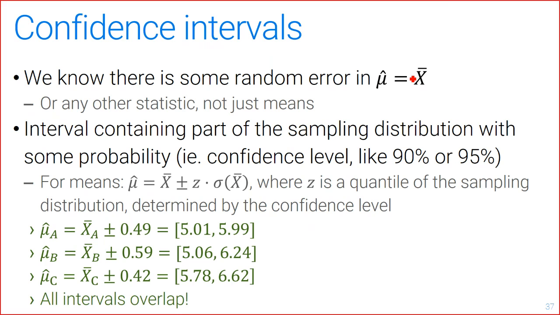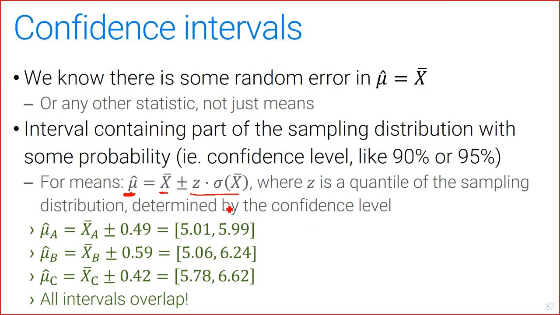And the point is, a confidence interval will be an interval containing part of the sampling distribution with some probability. That's what we call the confidence level. It's usually something like 95%, things like that. And so for a mean, we would be saying that our estimate of the population mean is going to be the sample mean we observe plus minus some length.